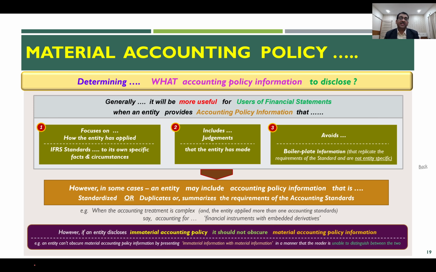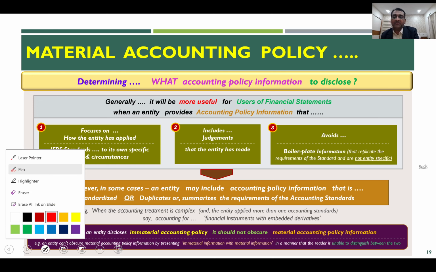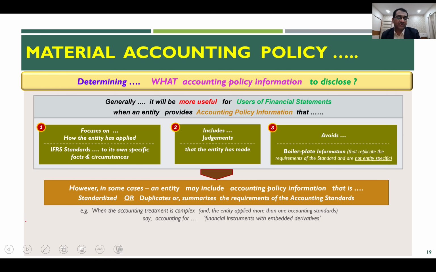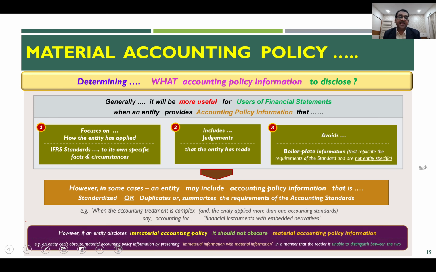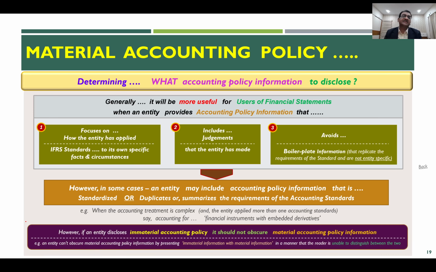Yes, you can give those standard disclosures, standard policy information, but a very important point at the bottom, in this purple box, says that if an entity discloses such immaterial accounting policies, it should disclose them in such a way that you do not hide material accounting policy information.